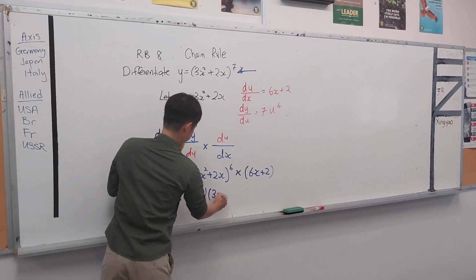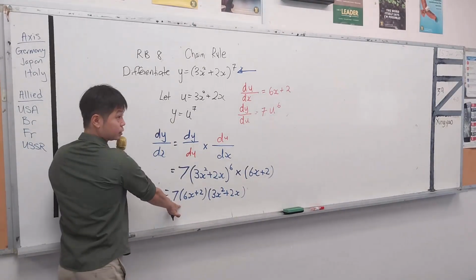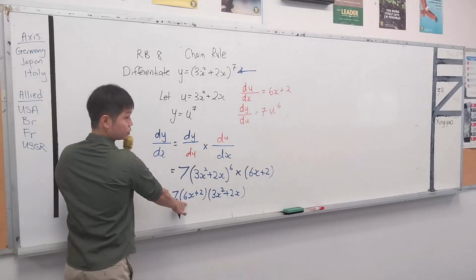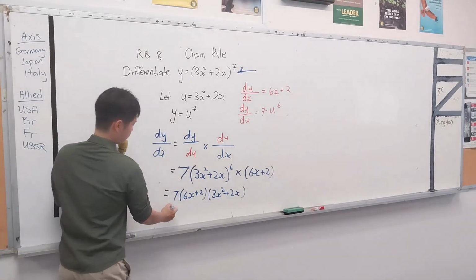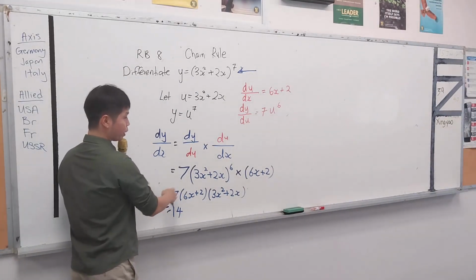Now, do you realize you can factorize out the 2 also? So this one becomes 14. If you want, you can write this. I'm not very fussy over the final form, but I expect you to write it neatly.